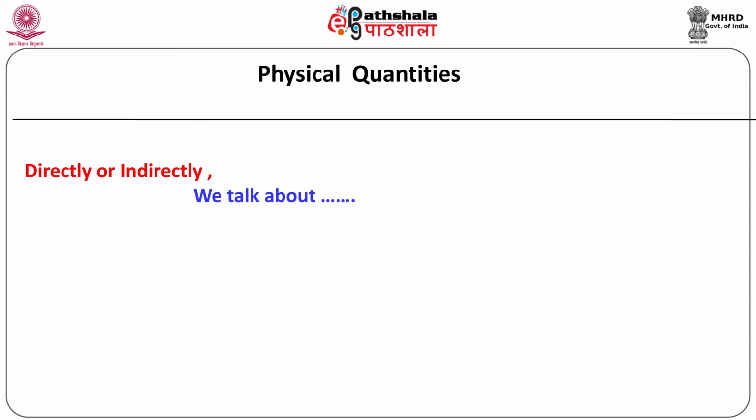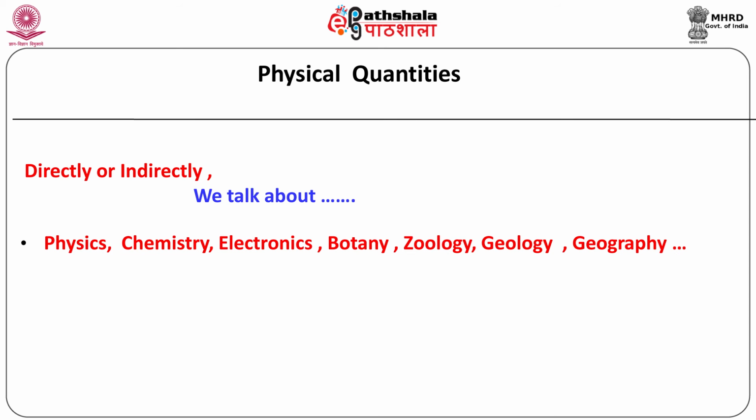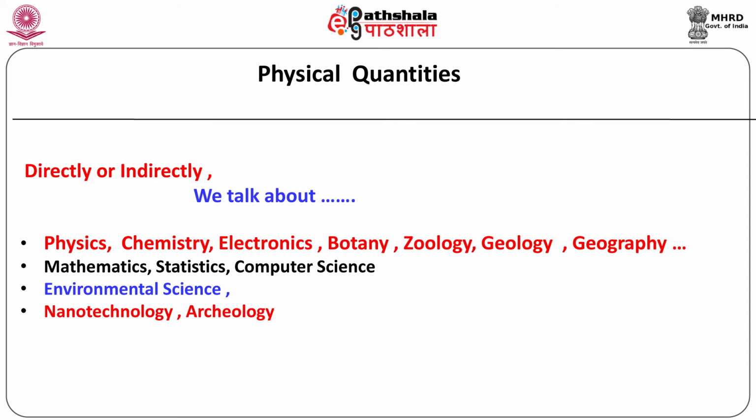Yes, you are right. Directly or indirectly, we talk about science subjects like physics, chemistry, electronics, botany, zoology, geology, geography, etc., mathematics, statistics, computer science, environmental science, nanotechnology, archaeology, automation, and many others.